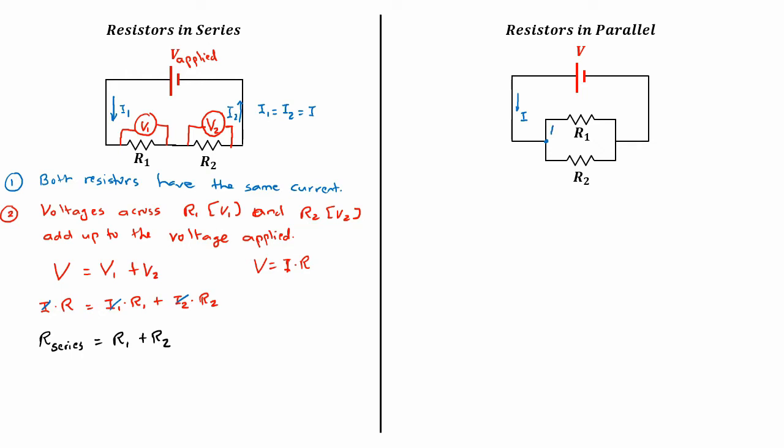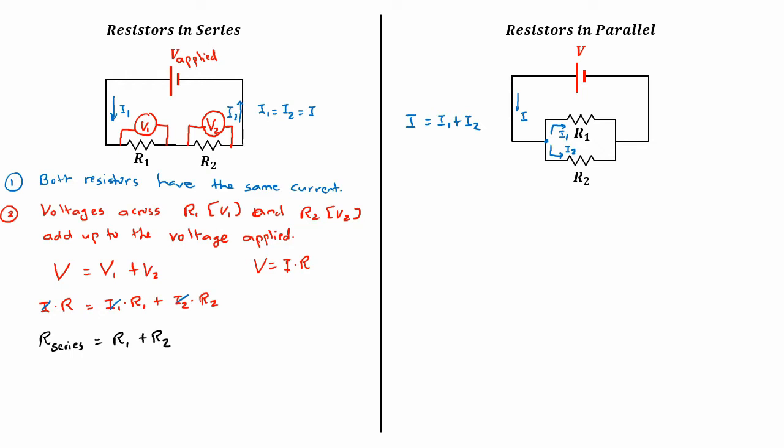So a part of it goes through resistor 1. We're going to call this I1, and the other is going to go through I2, resistor 2. And at the junction, if we remember from the junction rule, the current that enters is the current that leaves, correct? I equals I1 plus I2.